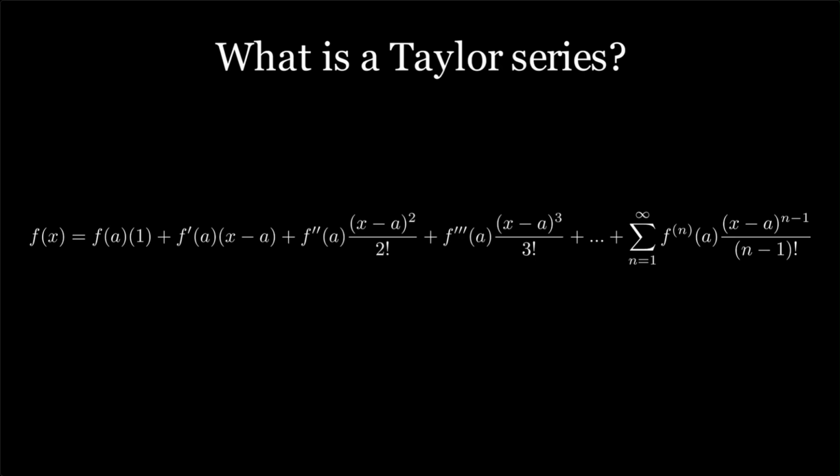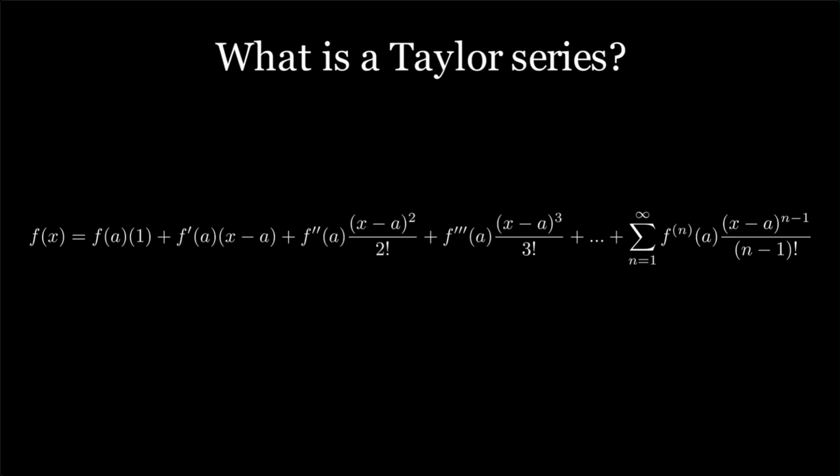Essentially we are taking an infinite degree polynomial where we follow a formula: we multiply our function evaluated at our center point, which in this case would be a, by the degree of x minus our center point, and as we keep going, we multiply by the nth derivative of our function evaluated at that center point.